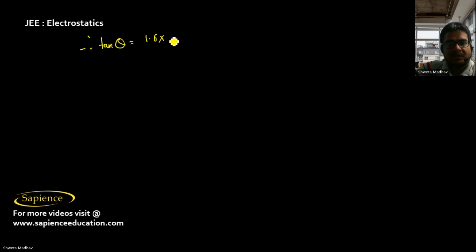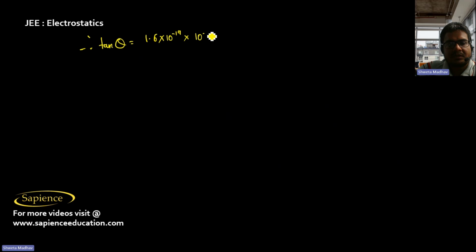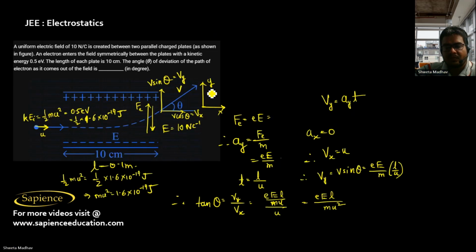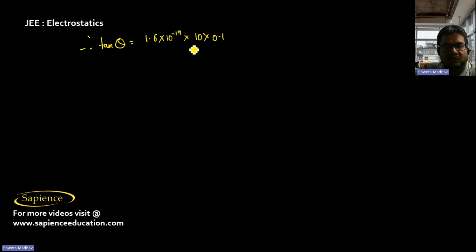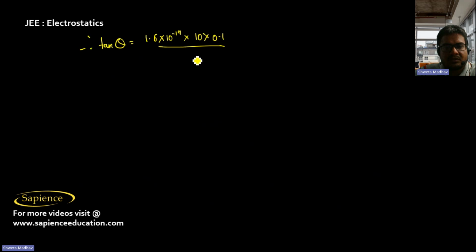So tan theta will be equal to e, the charge on the electron, 1.6 into 10 power minus 19, into E, the electric field, which is 10 Newton per Coulomb, into L, which is 0.1 meter, divided by mu square, which is 1.6 into 10 power minus 19 joule.